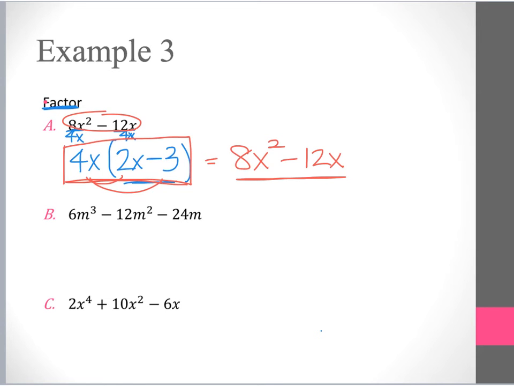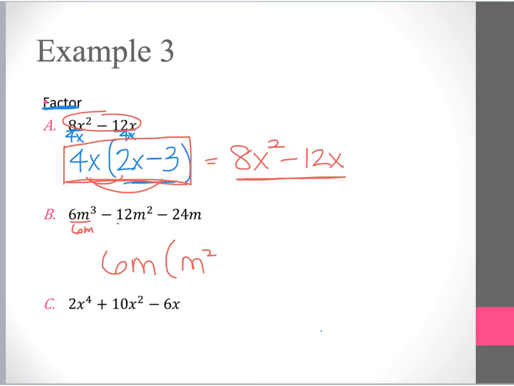Now for part B, I have 3 terms, or a trinomial, and I see that all three terms have the variable m in them. I also have 6, 12, and 24. So my greatest common factor in this case is going to be 6m. Then I'm going to put my parentheses and divide each term by 6m. 6m cubed divided by 6m is just going to give me m squared.